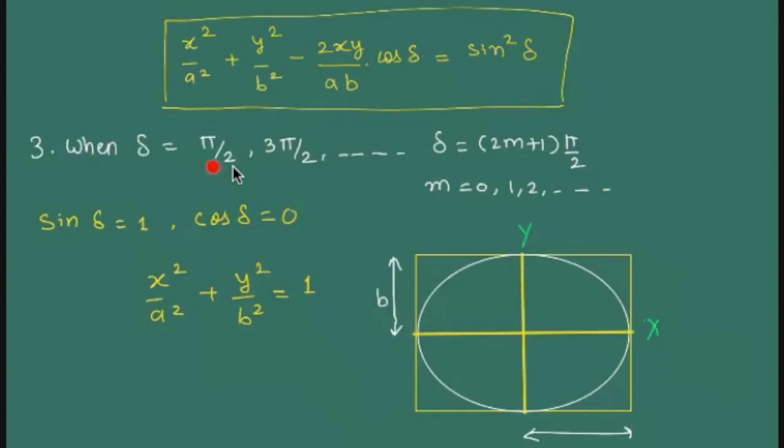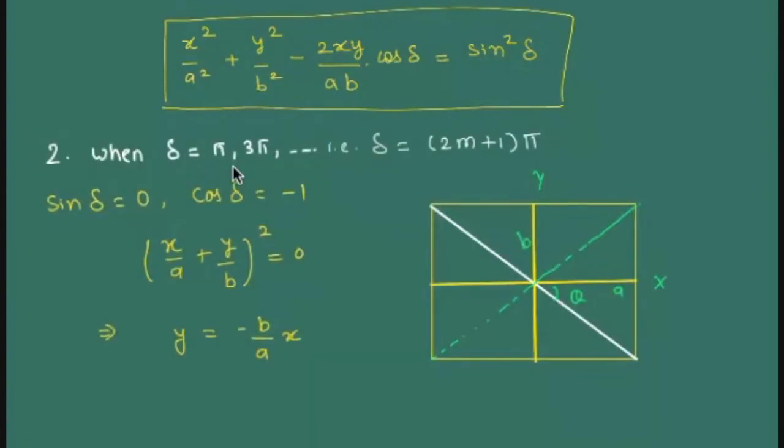Your incident beam is plane polarized, and you use the same quarter wave plate, but now aligned at a theta other than 45. So if a quarter wave plate is aligned at 45, incoming is plane polarized and outgoing is circularly polarized. If theta is other than 45, incoming is plane polarized and outgoing is elliptically polarized.